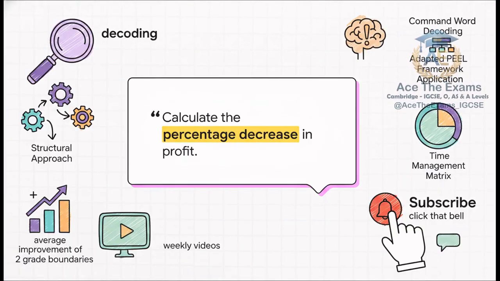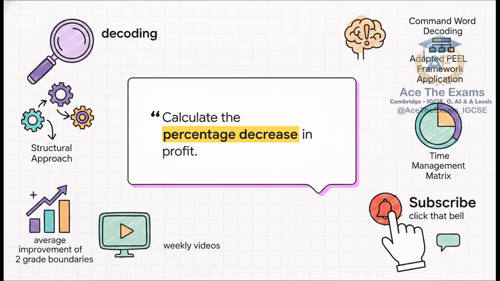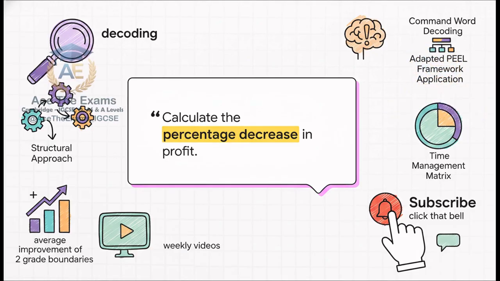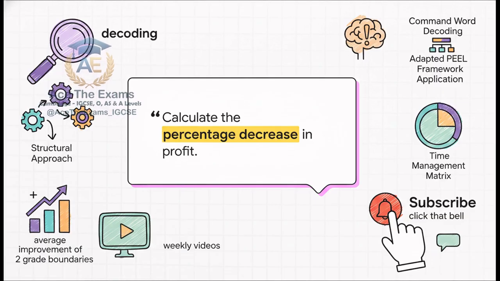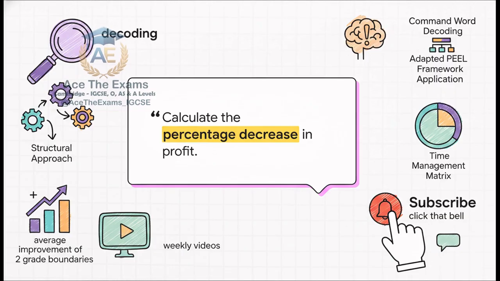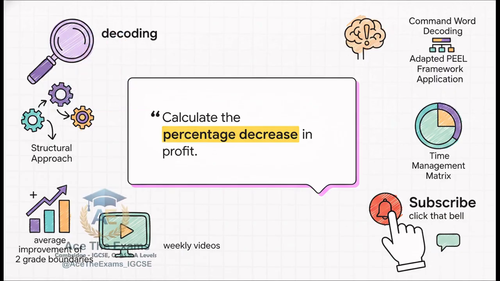Whether you're decoding Tanya's compound interest or rationalizing complex surds, your success lies entirely in your structural approach. We've shown you the complete mathematics answering system today. You have 3 rules that guarantee top marks. Number 1, command word decoding. Know the difference between calculating simple interest and simplifying an algebraic surd. Number 2, our adapted PEEL framework application.